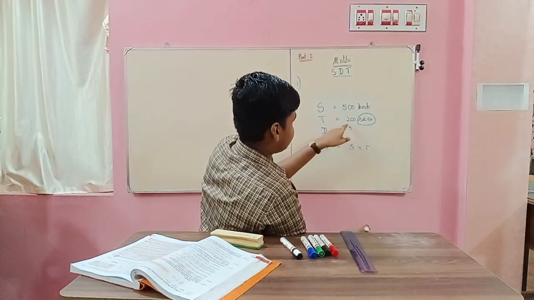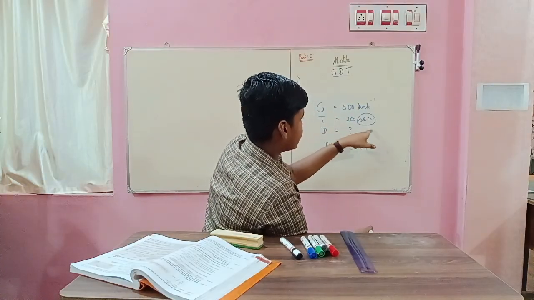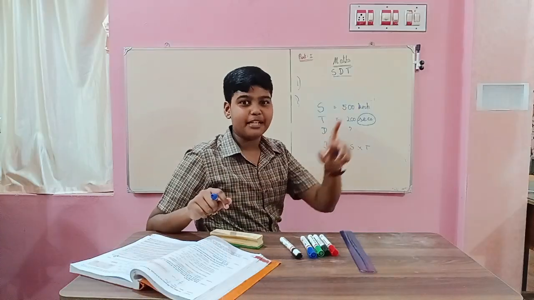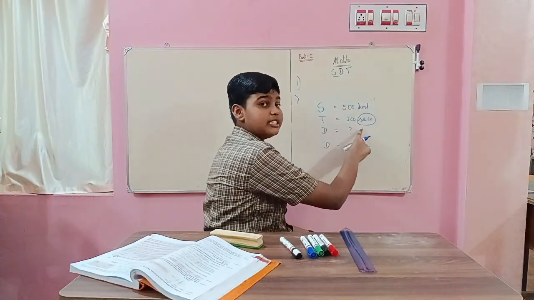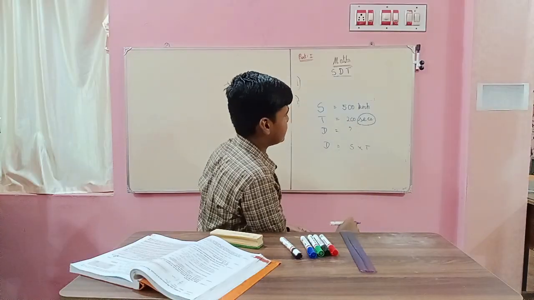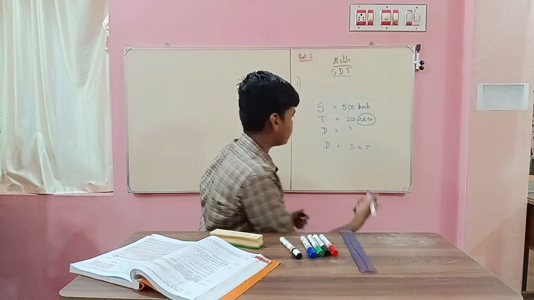So what you should do is convert this 200 seconds into hours. Please don't use that formula 18 by 5, 5 by 18. Don't use that because they are not asking to convert these both. Only one, so it's very easy. That's 200 seconds is equal to 200 by 3600 hours.